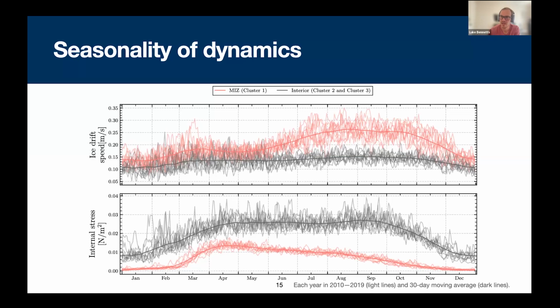But what we're highlighting here is that the model is predicting that the difference is also coming from a decrease in the internal stresses, or the rheology, in the marginal ice zone versus the interior ice cover. And that in the model is coming from thinner ice in the marginal ice zone and also lower concentrations, because there's no floe size dependence in the rheology in the model at the moment.